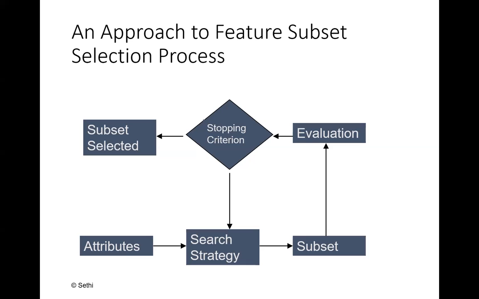All right. And as you go over different possible subsets, at some point you need to stop. Otherwise, you will keep on going through your search process. All right. So you define some kind of stopping criteria. And once you hit that, you can say that you have selected your subset. All right. So this is an approach which we call the feature subset selection process.